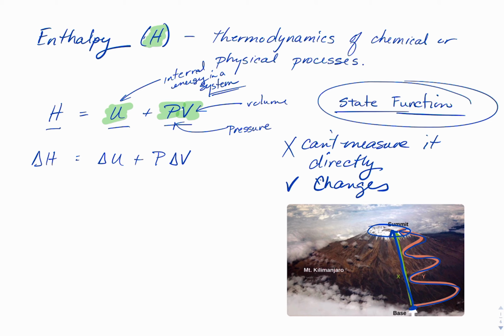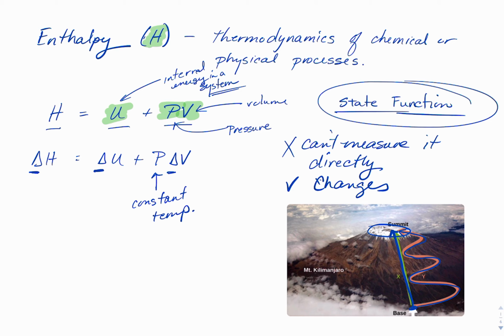And so if we rewrite this equation where we put the symbol delta in front of H, U, and V, and we assume that we're at a constant temperature, then we can rewrite that equation like so.